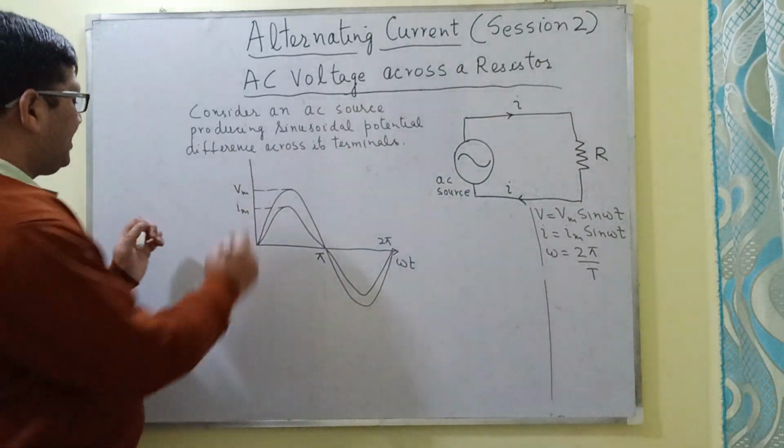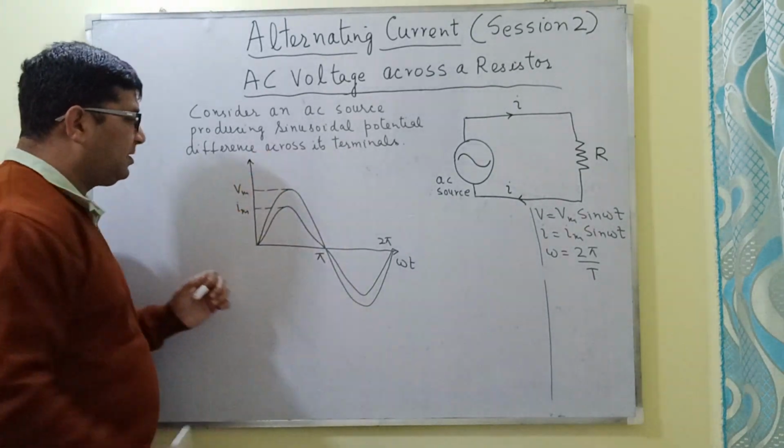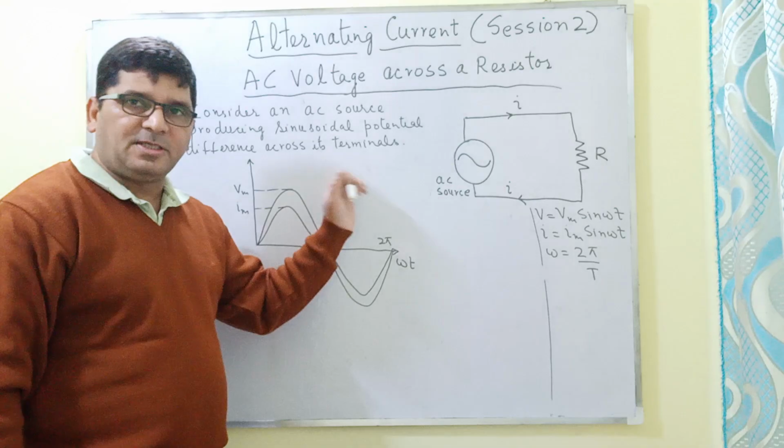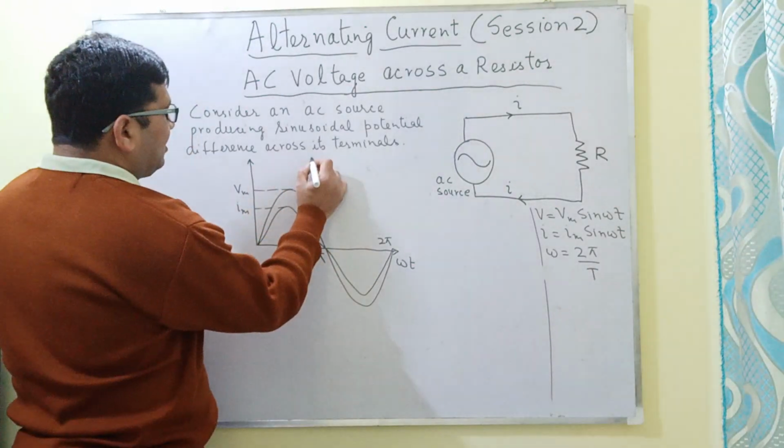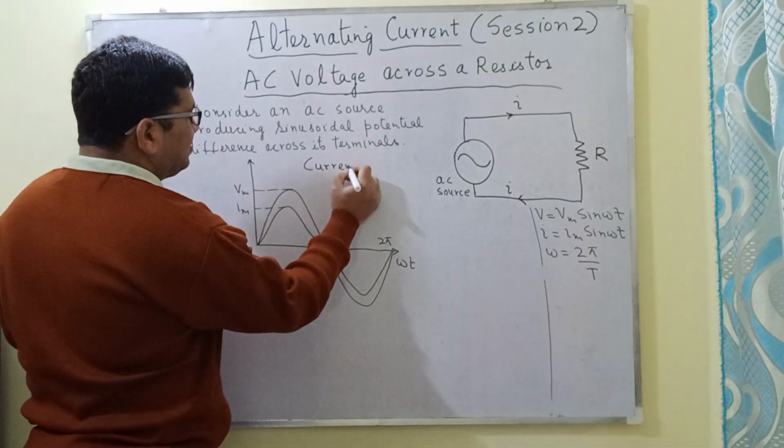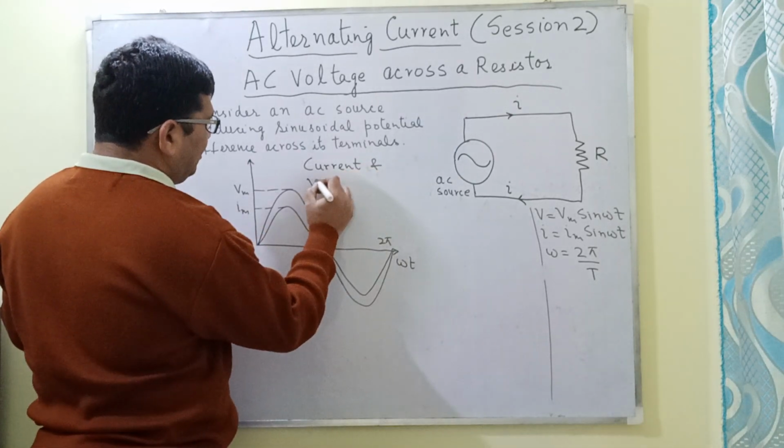This is the phasor diagram, and in a pure resistive circuit, the current and voltage are in phase.